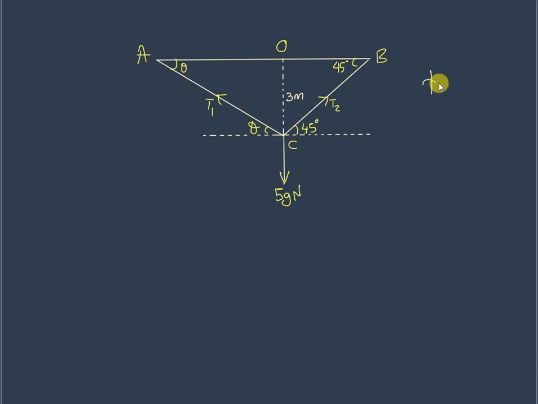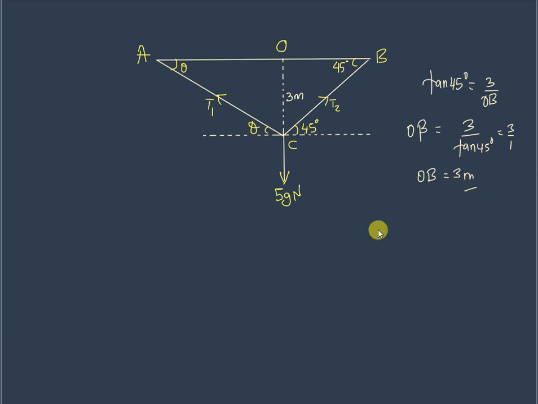Tangent of 45 degrees is equal to opposite 3 meters divided by adjacent, which is OB. If I want to get OB, I get 3 divided by tangent of 45 degrees. That is 3 over 1. So OB is equal to 3 meters.